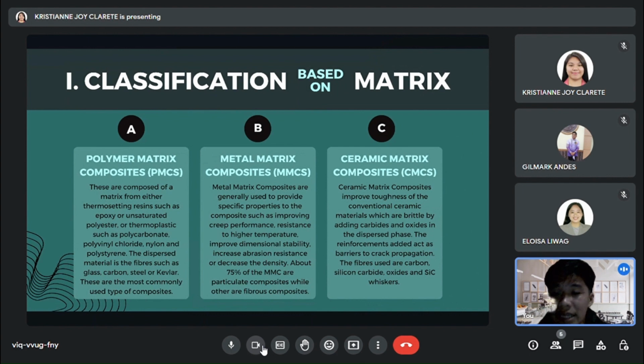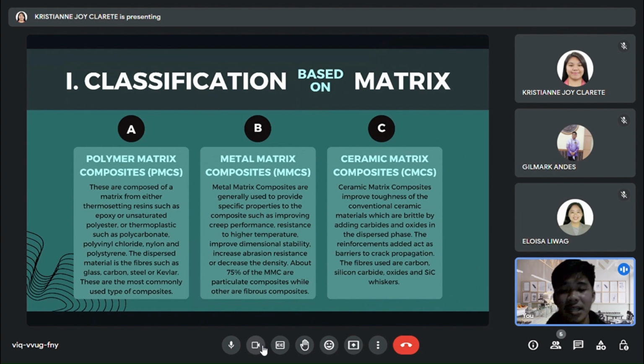These are the most commonly used type of composites. So a polymer matrix composites or PMCs is a composite materials composed of a variety of short or continuous fiber bound together by a matrix or organic polymers.